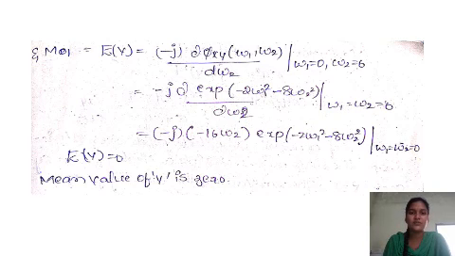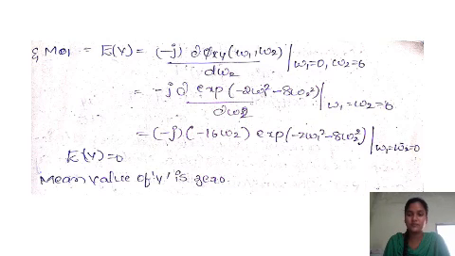So if you substitute Φxy(ω1, ω2), that is e^(minus 2ω1² minus 8ω2²), and differentiate with respect to ω2, you will get minus j into minus 16ω2 and e^(minus 2ω1² minus 8ω2²), where ω1 and ω2 are equal to 0.